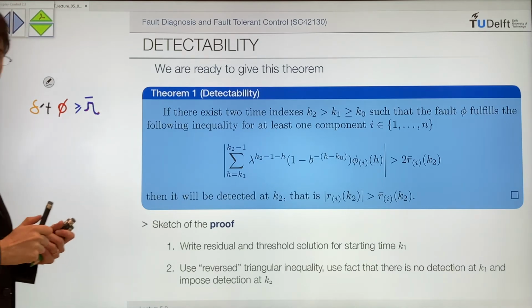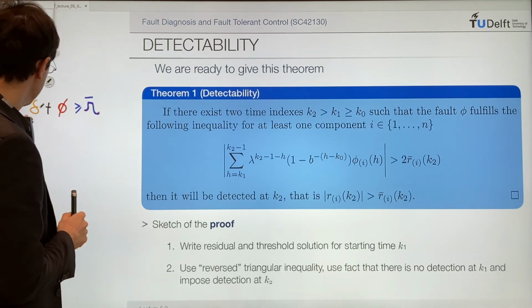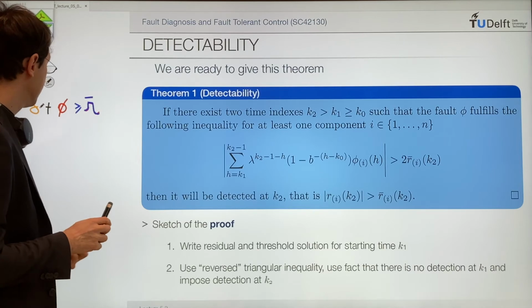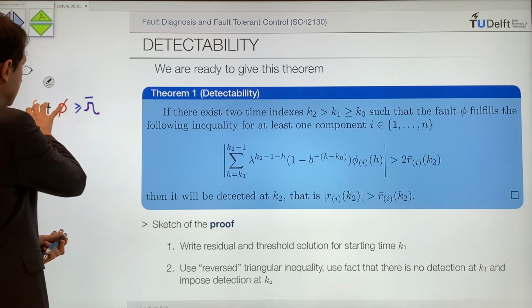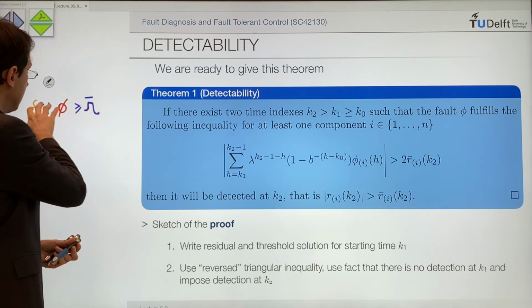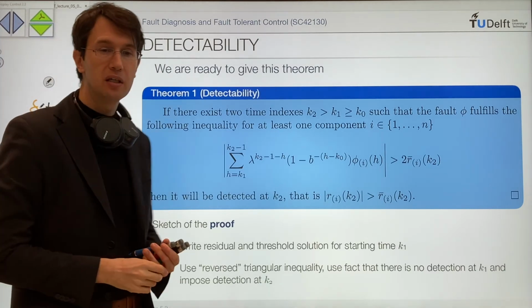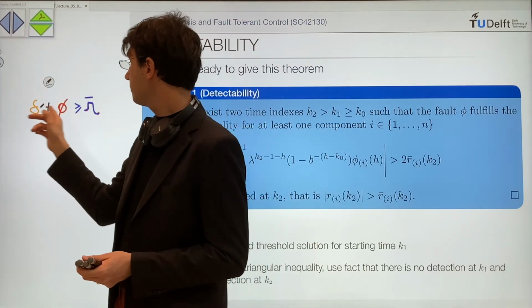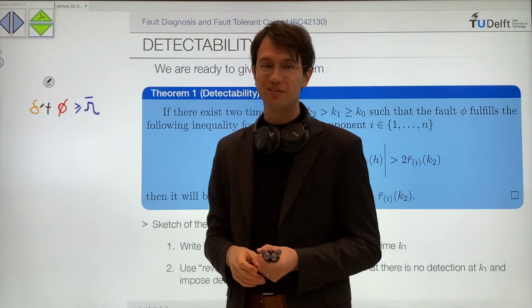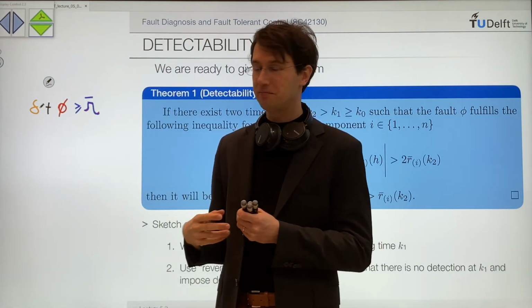And so, if they have the same sign, they are combining together, the result is bigger, and then we probably cross the threshold. But if they have different sign, then they are canceling out.